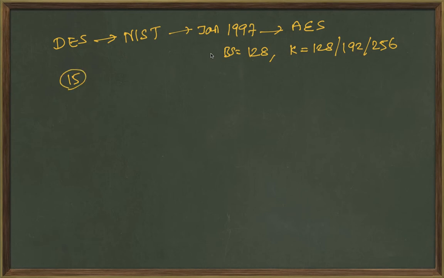Unlike the previous time with DES, when they announced the competition, the NSA was the main party who scrutinized the algorithm for security and other things, right? But this time NIST changed their technique.